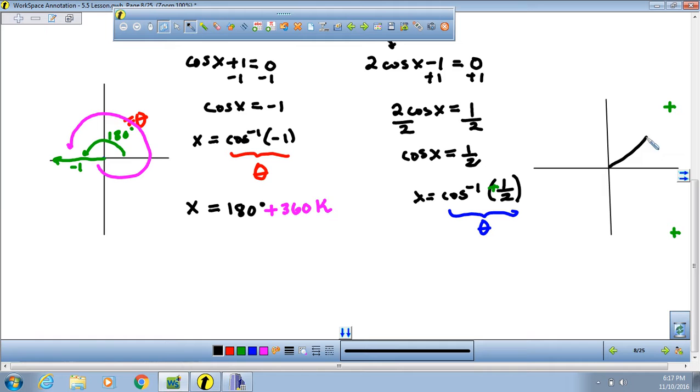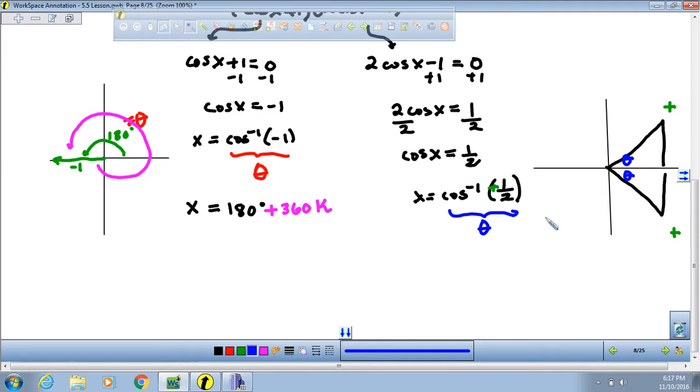So if we draw the triangle right here, we want to find the angle theta that will give me an adjacent value of 1, or if you put it as x over r, that gives me an x value of 1 and a radius of 2. That is cosine, right? X over r. So the x is 1 right here and the radius is 2.